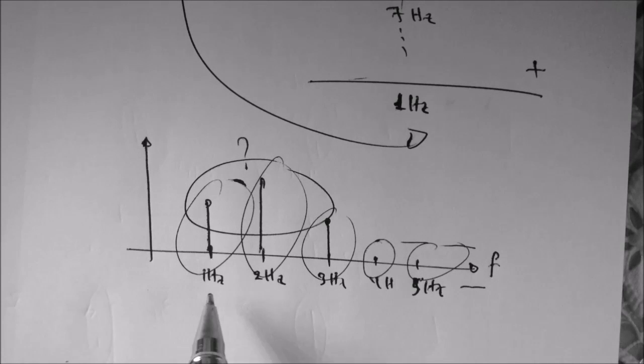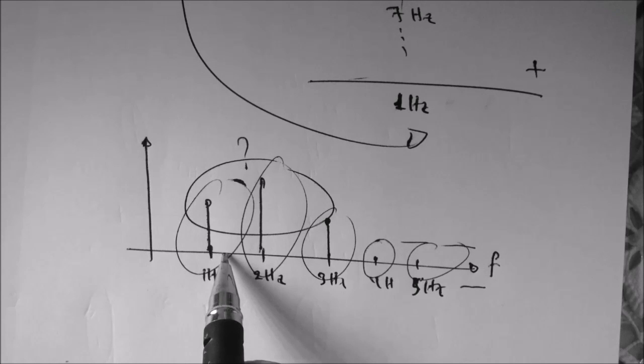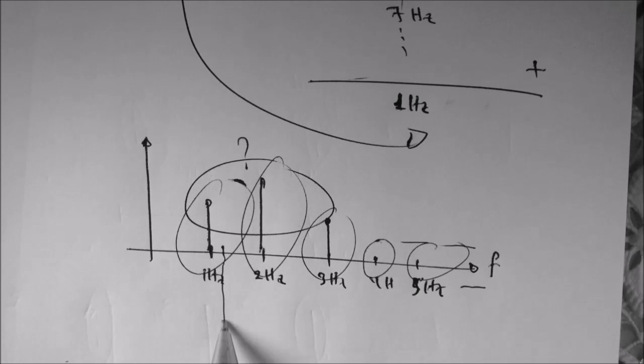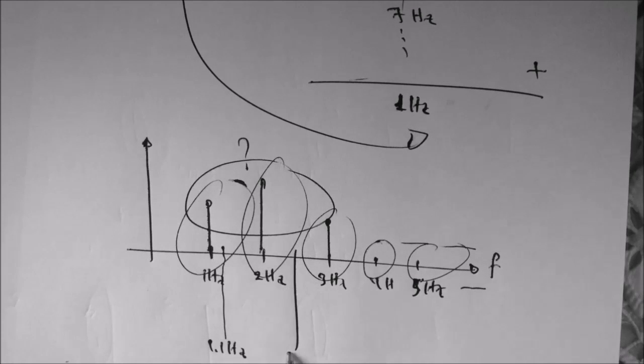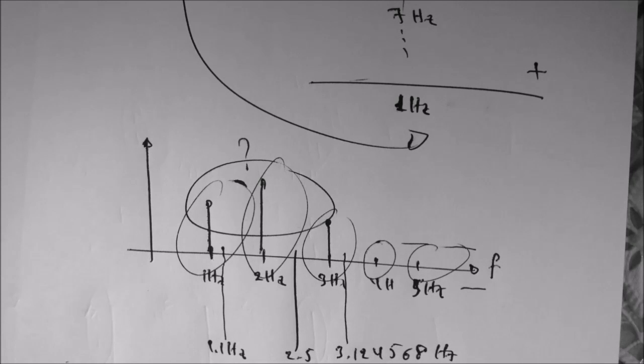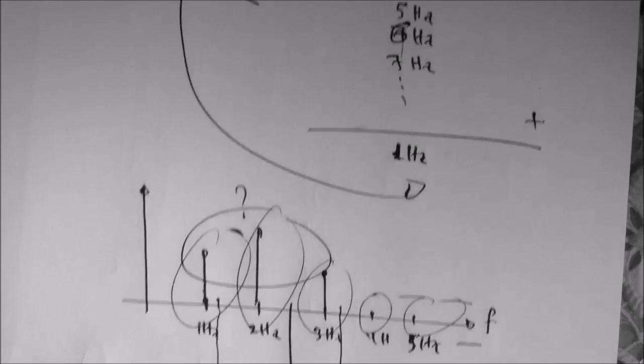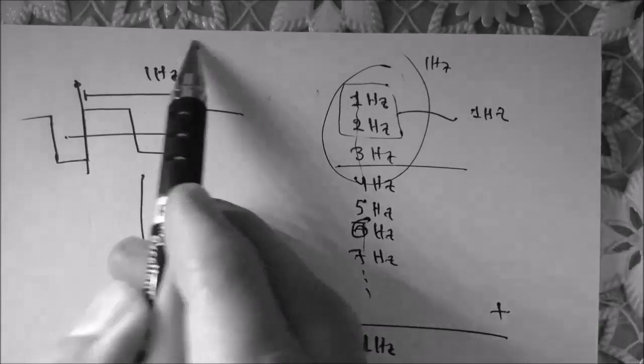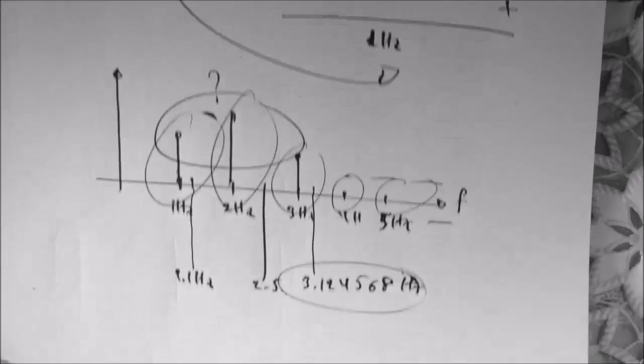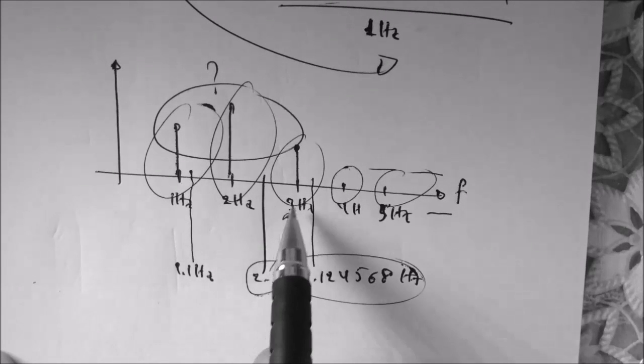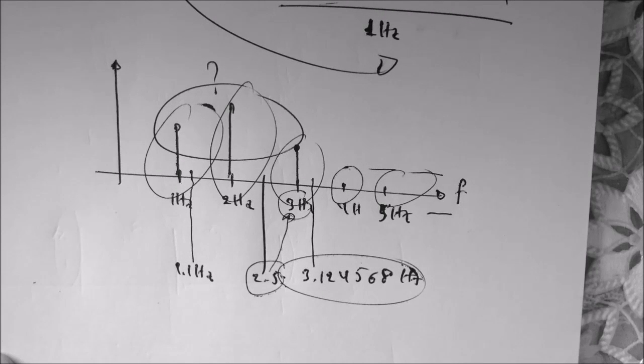We can also say that this signal is impossible to contain a component that has a frequency of 1.1 Hz, or 2.5, or even 3.124568. Because if these frequencies are contained in this signal, you wouldn't get a signal that has a frequency of 1 Hz. That means when you add 2.5 to 3 Hz, you would never get a signal that has a frequency of 1 Hz.